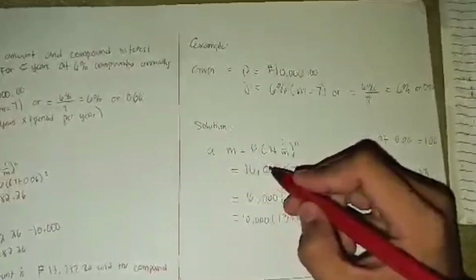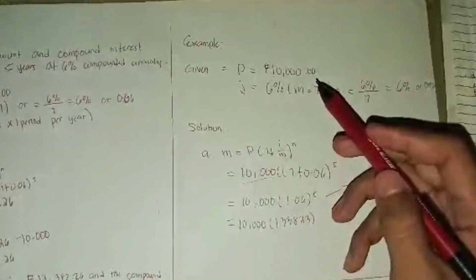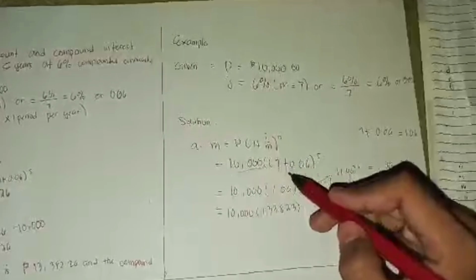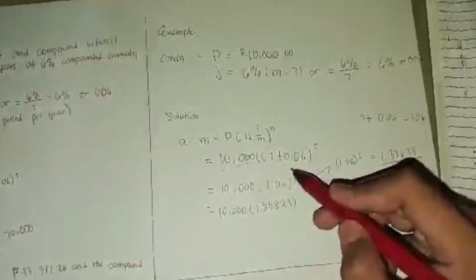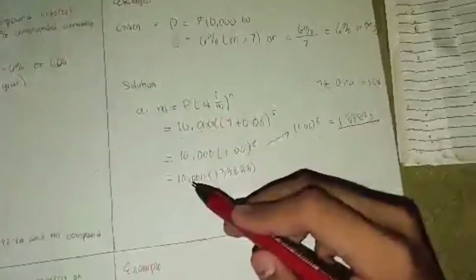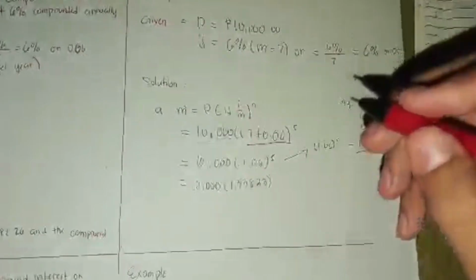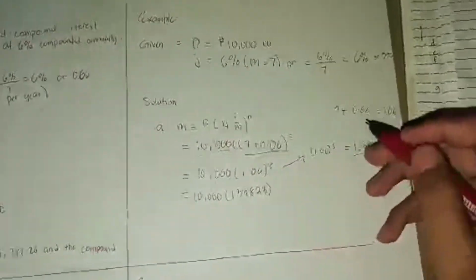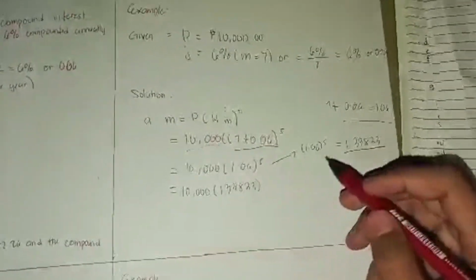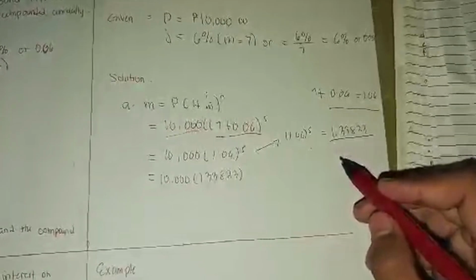The P is 10,000, here 10,000, and the G is 1 plus, and here to simplify the G, 0.06 to the power of 5 is equals to, this is how to solve. 1 plus 0.06 is equals to 1.06, and 1.06 to the power of 5 is equals to 1.33823.